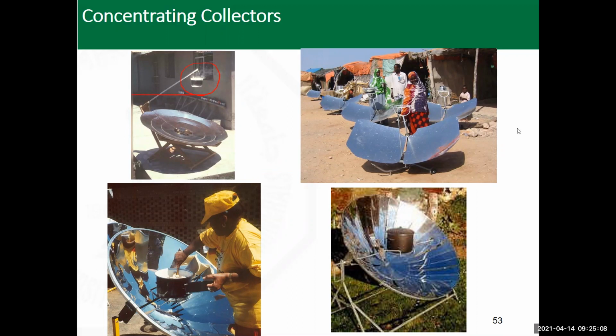And these are collectors on the right side that are sold in a local market, where there is a stand. In that stand, you can put your pot, where the pot could be either water or food that needs to be cooked. So these are some of the practical and cheap applications that are doable for utilization of solar energy in the everyday life of different families.